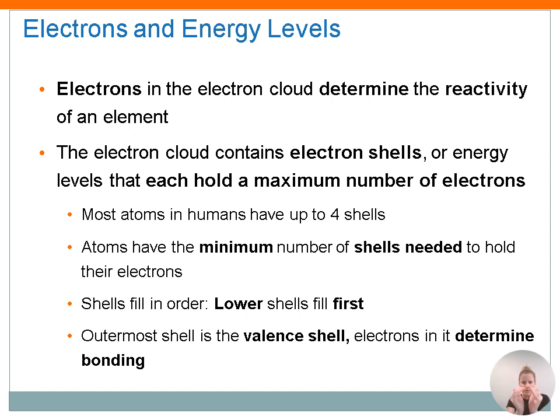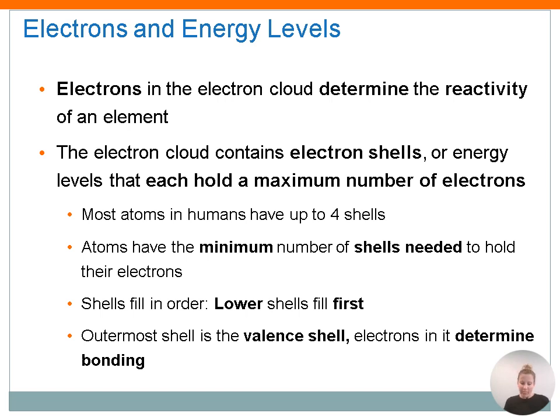There are different levels that go out from the nucleus, and each level holds a maximum number of electrons. Again, most atoms in humans are pretty small. So in humans, most of our atoms have only up to the first 4 shells. Really, the first 3 shells are most common in humans.